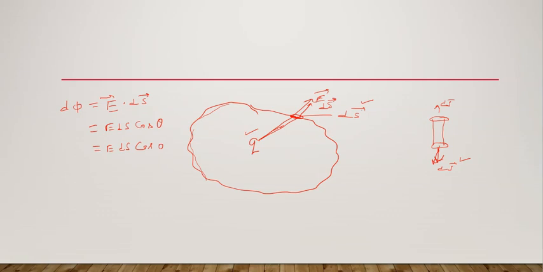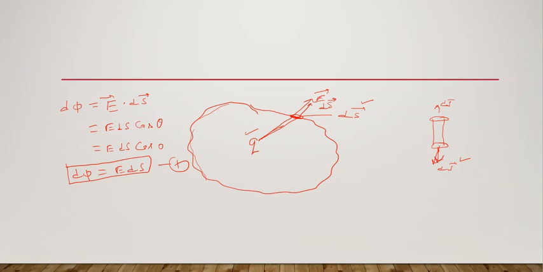Cos of 0 is 1, so d phi equals E ds. This is our equation number 1.